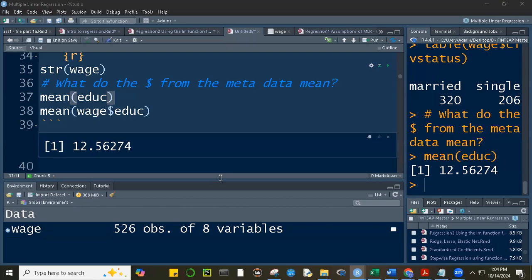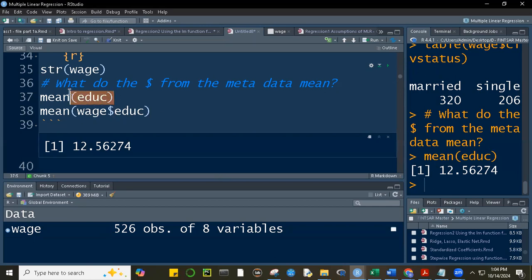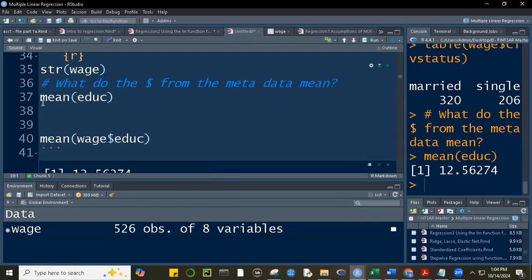12.56. Are you sure? Why 12.56 class? This is the mean of education, not the second one class. This is what I'm asking. Mean of education.